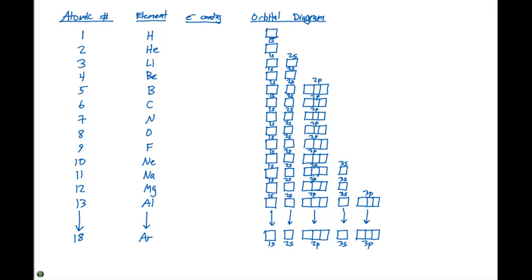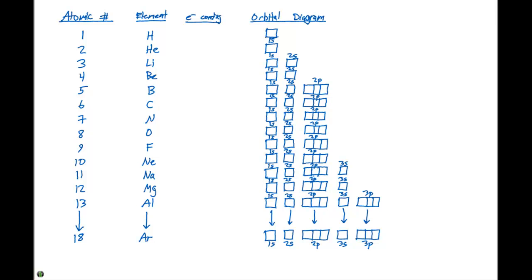So I have listed here the atomic numbers and the elements for the first 18 listed in the periodic table. And the electron configuration and the orbital block diagram have to contain the number of electrons in each atom, which, like I said, for an atom will equal its atomic number.